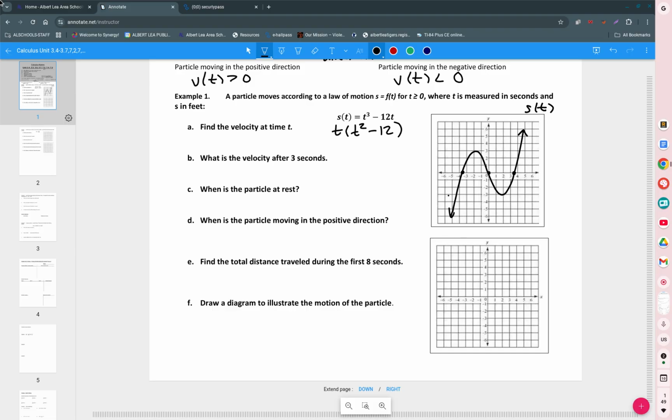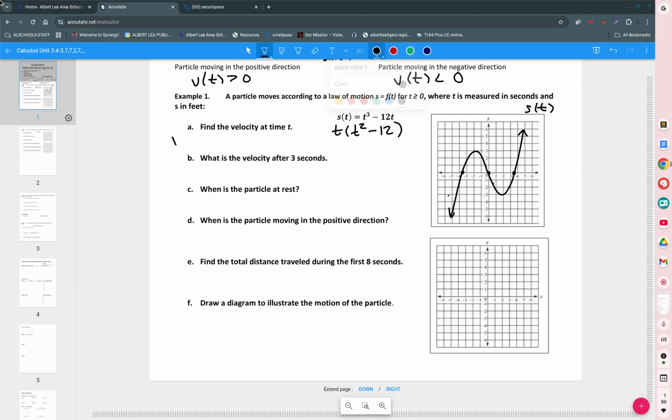Positive, because the derivative is positive. Good. Is my position positive or negative here? Positive. Is the velocity positive or negative? Negative. Position? Negative. Velocity? Negative. Position? Negative. Velocity? Positive. We all good with that? Yep. That's when we're looking at the original function. We are also going to graph the derivative.